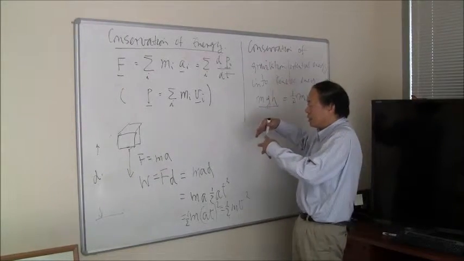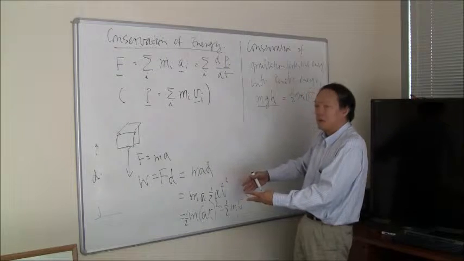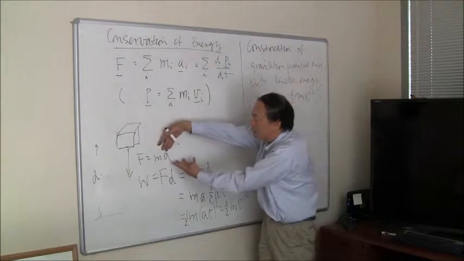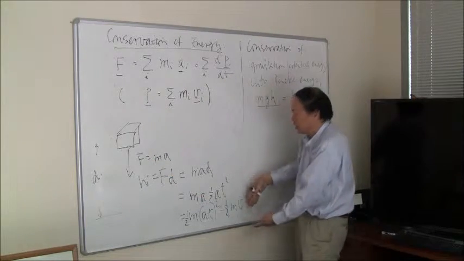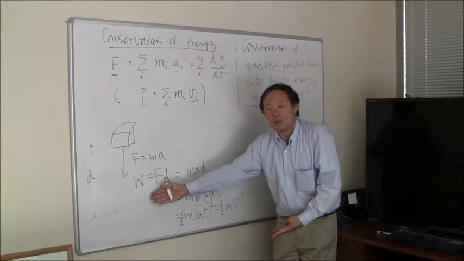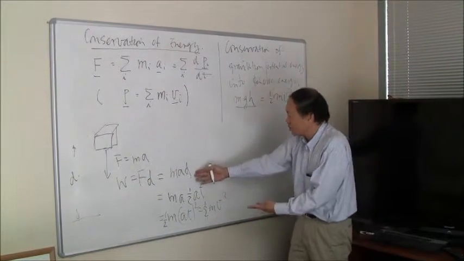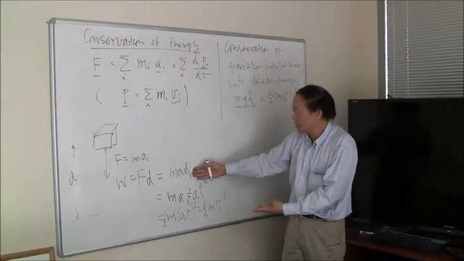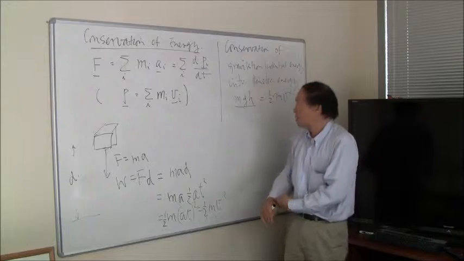The conservation of energy from potential energy into kinetic energy is very simply a result of the definition of work equal to F times d, and the definition of displacement and velocity as a function of a constant acceleration.